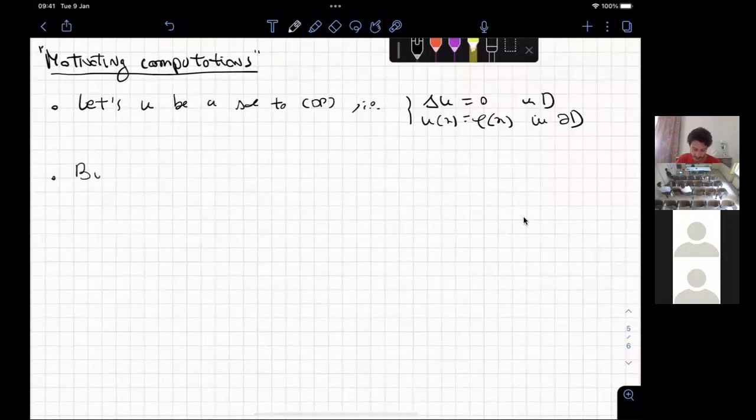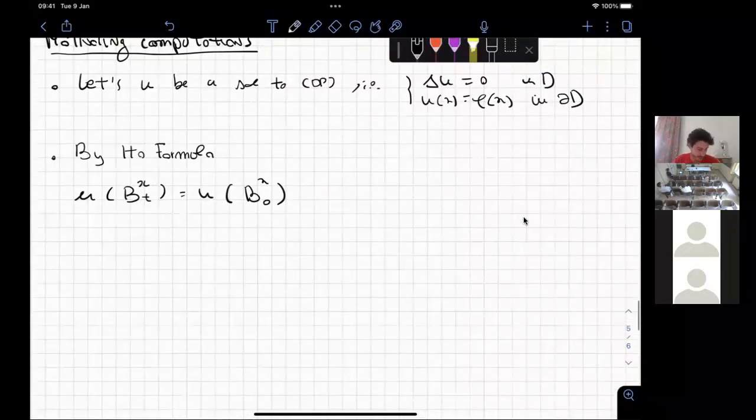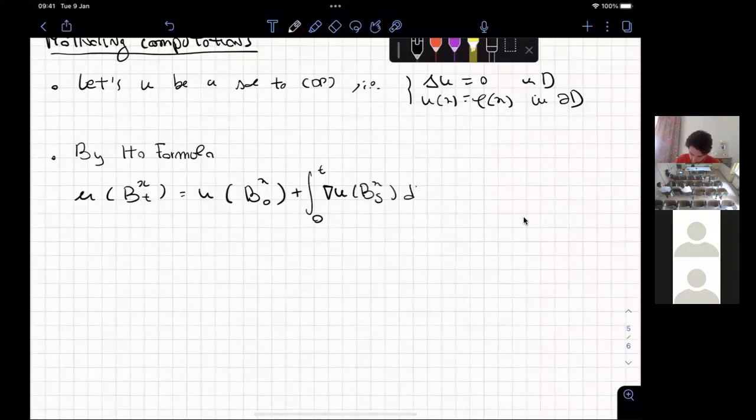By Ito formula, which is again the chain rule to compose a deterministic function with the Brownian motion, we have that U(B_t) is equal to U(B_0) plus the two terms we wrote down before: the integral of the gradient of U evaluated at B_s dB_s, plus 1/2 the integral from 0 to t of the Laplacian of U(B_s) ds.